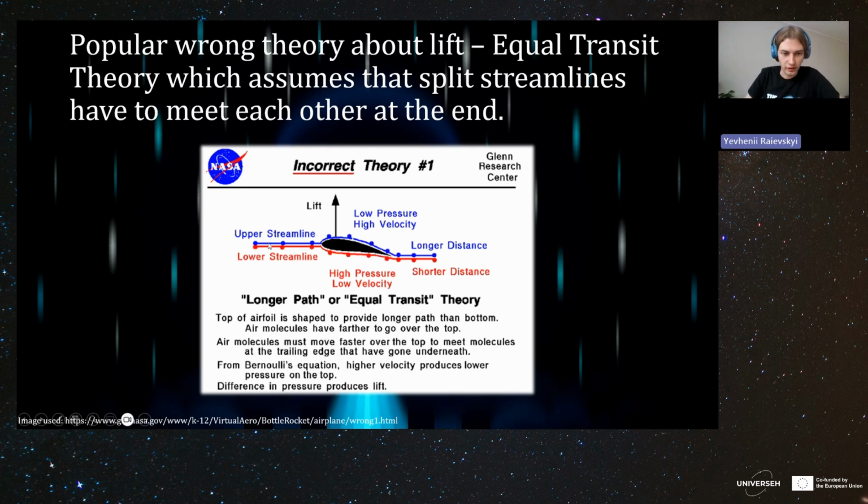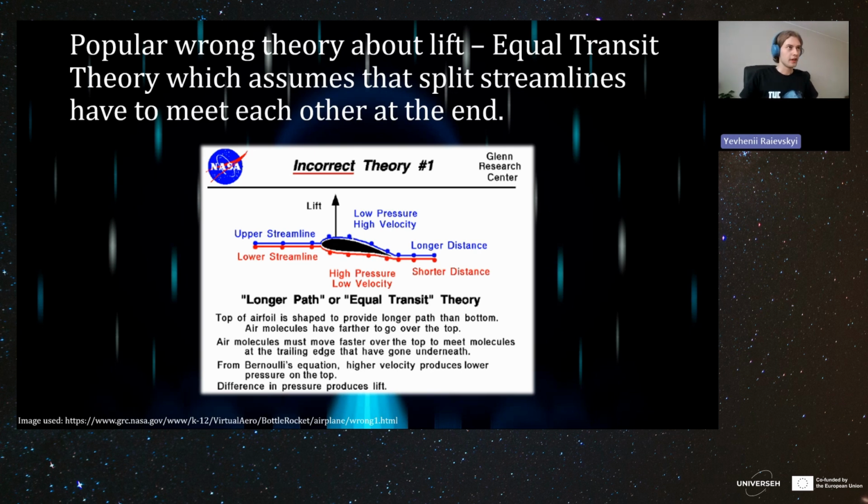This is basically as you have here the lower streamline of the red color, and the upper streamline with the blue color. This theory states that those streamlines have to meet at the same time here. This is not true, but this theory has been taught for many decades.